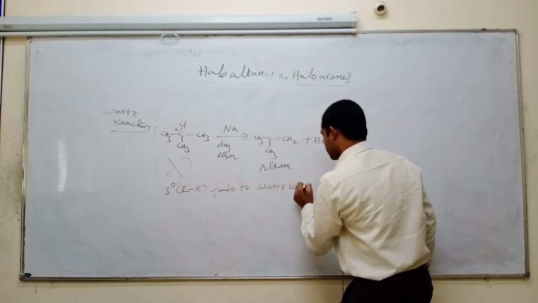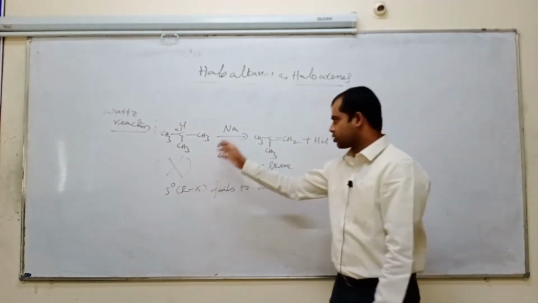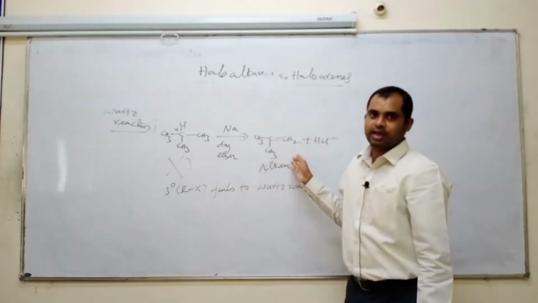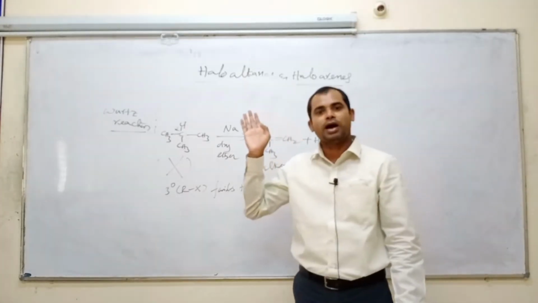So if we take a tertiary alkyl halide and react it with sodium in the presence of dry ether, it easily undergoes dehydrohalogenation to form what? The alkene. Our aim is to prepare the alkane.